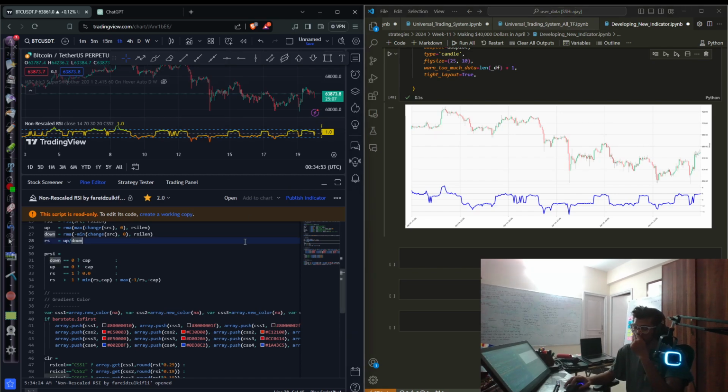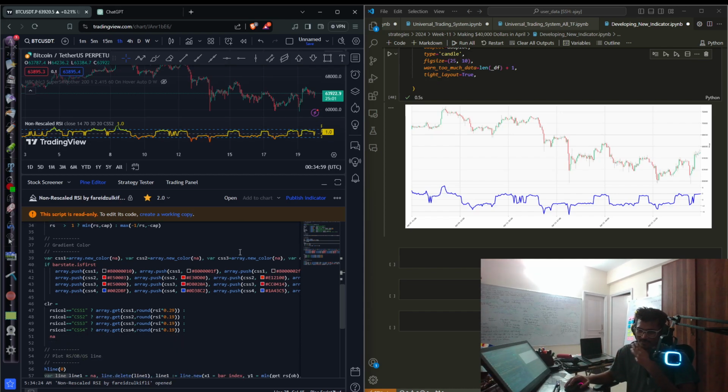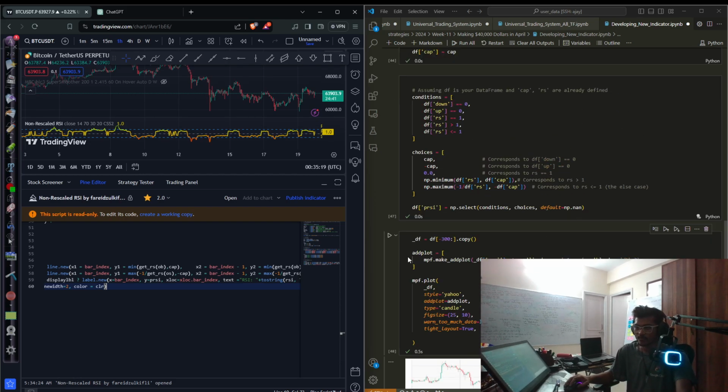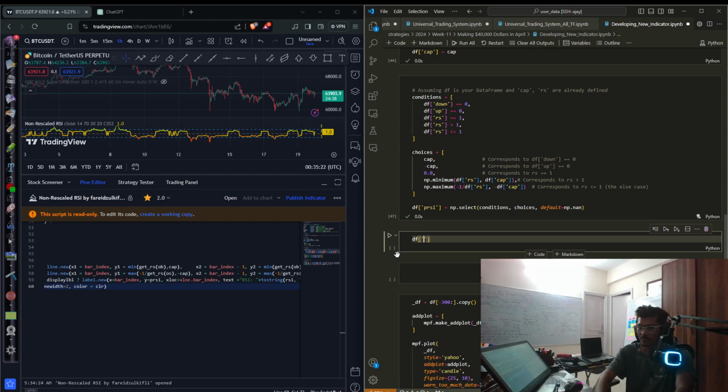See, this is the skill you need to have to debug stuff, you know. It's really good. Now we draw the line. So line 1, x1 bar. So here we get RS of overbought cap. So this is the line we get. Here we are getting the overbought line. So how we get it? np.minimum, and this will be oversold.